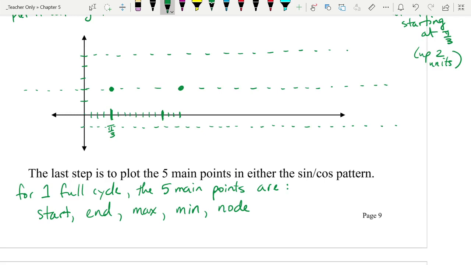So the nodal point actually I could maybe do right now, because the nodal point is going to be exactly halfway between these two things. Now this is pi by 3. This is pi. So this would be pi plus a pi by 3. So what's a pi plus a pi by 3? This would be 4 pi by 3.